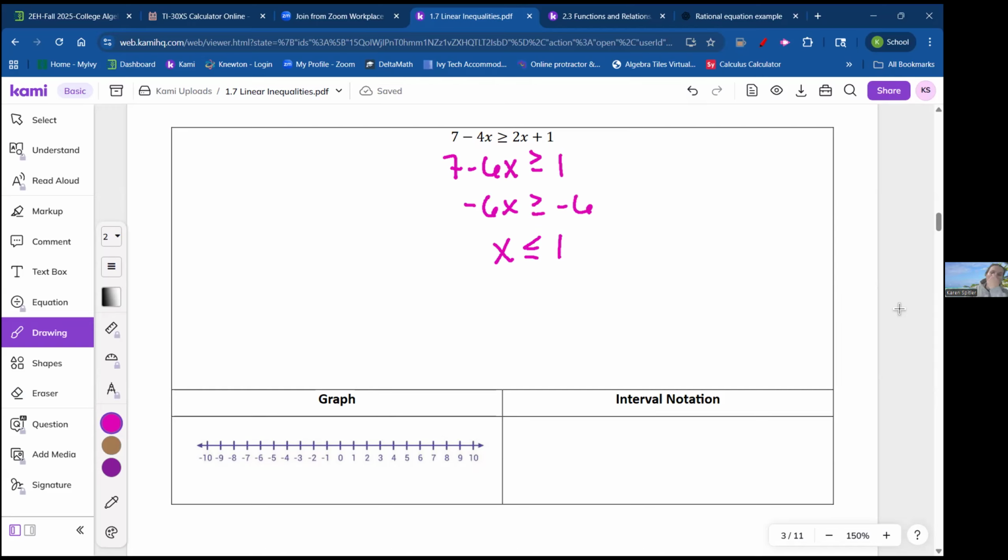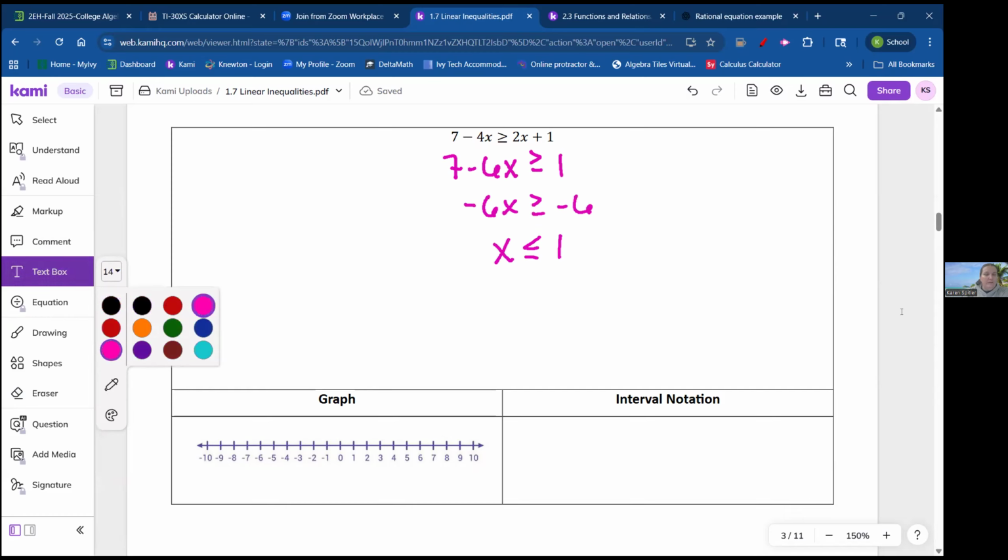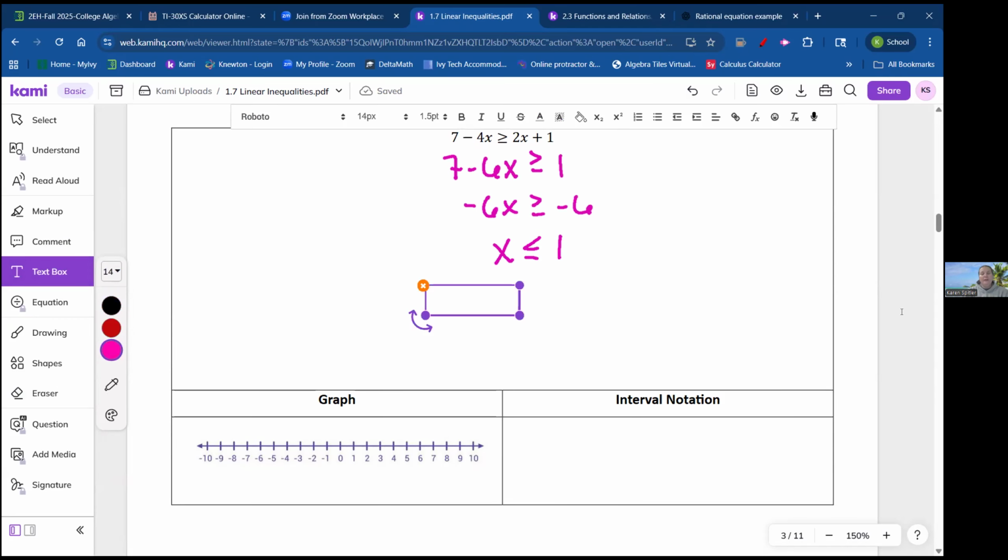So when you multiply or divide by a negative number, you need to flip your inequality symbol to the other direction. When you multiply or divide by a negative number, that doesn't mean you have to get a negative answer. It doesn't matter if you get a negative answer.